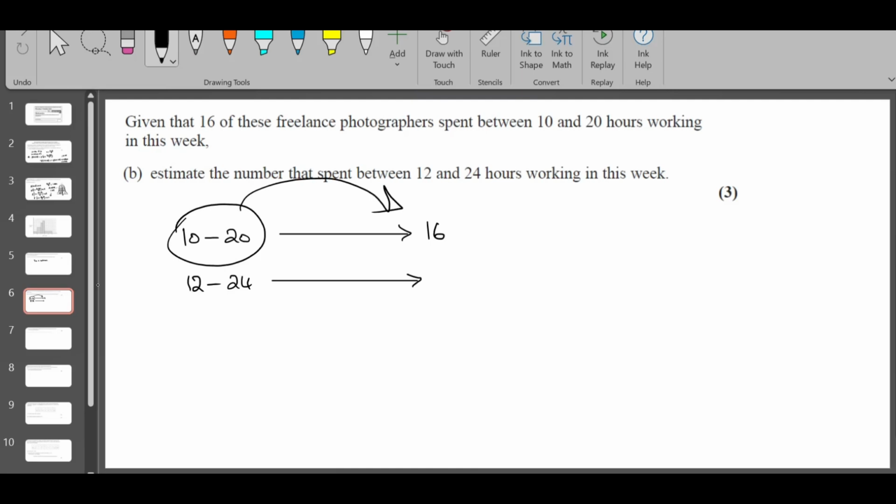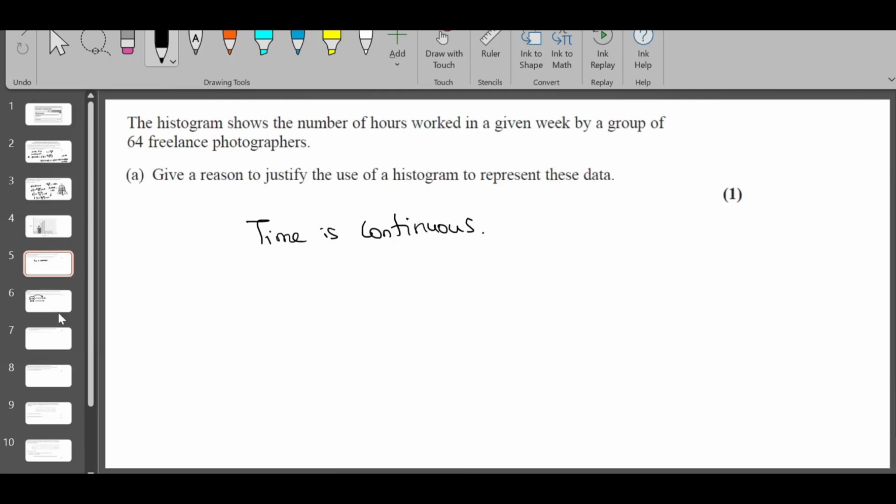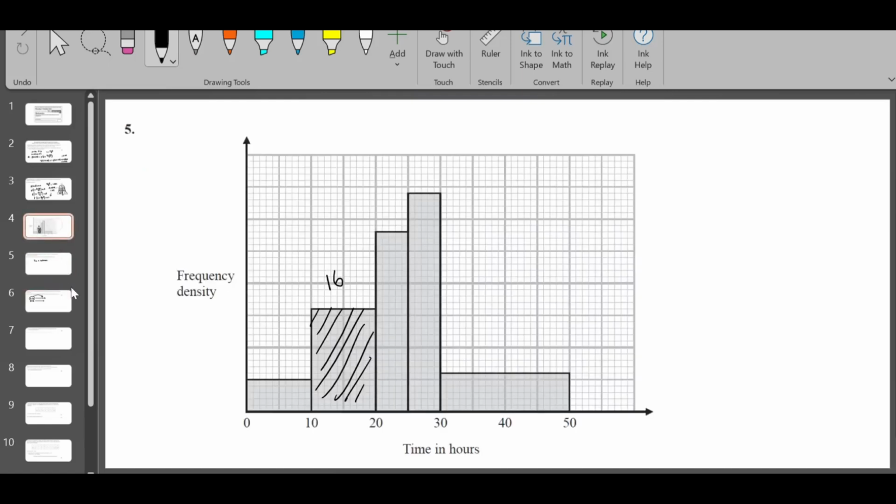10 to 20, where is the bar 10 to 20? This bar represents 16 workers. And they are asking 12 to 24, how many? 24 is here, let's say.